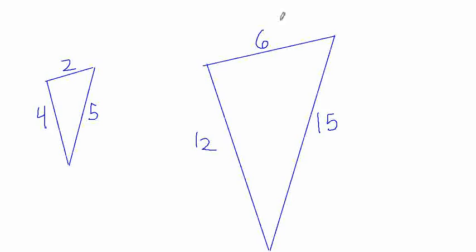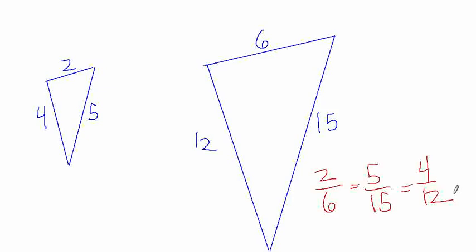Okay, so as before, I'm going to start by analyzing the corresponding side length ratios, and I see that I have 2 over 6, which is equal to 5 over 15, which is equal to 4 over 12.